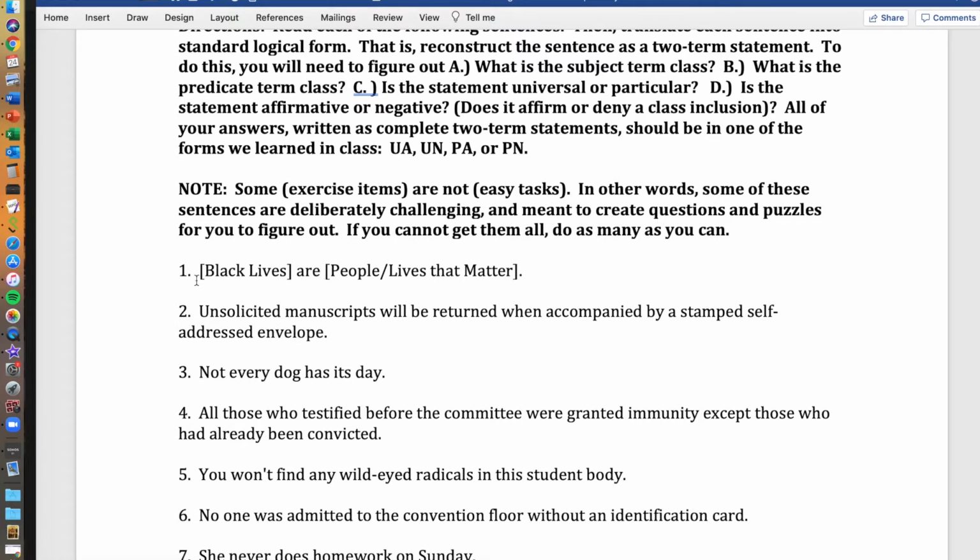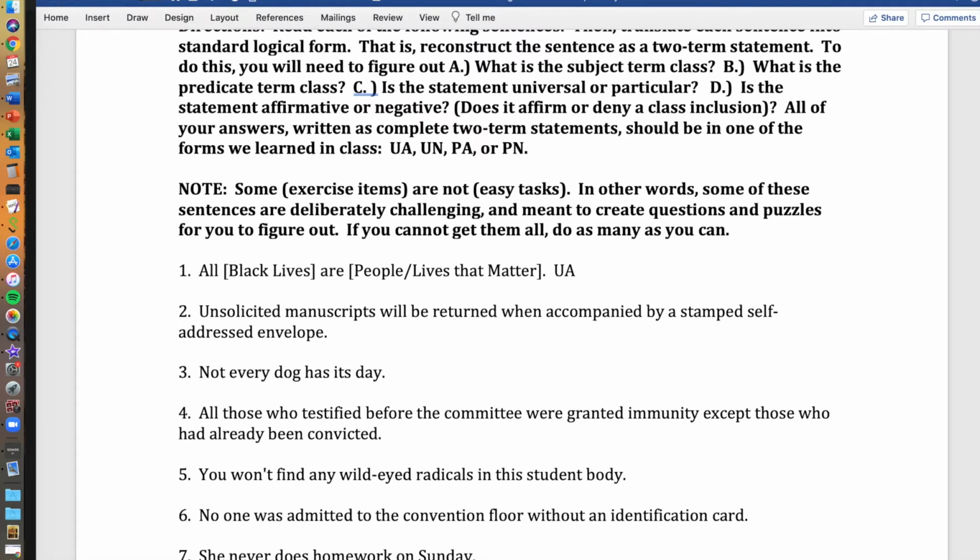And as I just indicated, it's also universal because we're not just talking about some Black lives, but all of them. So we have a universal affirmative statement. So just to note that here, we'll put the UA, it's a universal affirmative. So the final translation would be all Black lives are people or lives that matter.